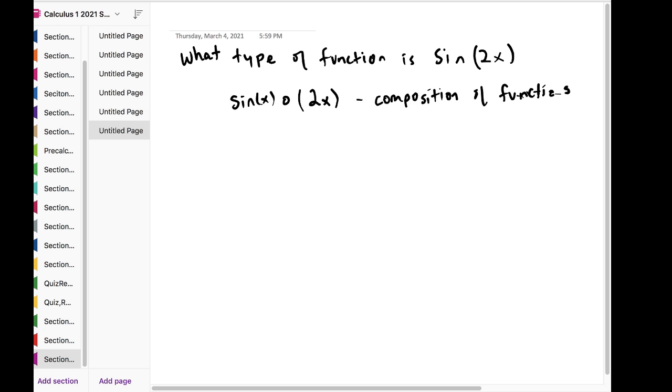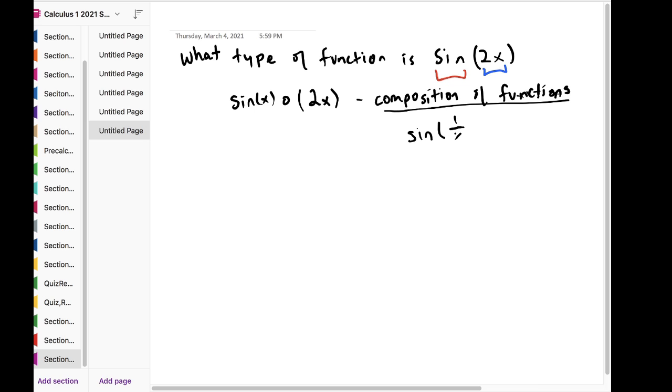Okay, so if the goal is that if we know how to take the derivative of a composition, then we don't have to deal with angle formulas, right? For dealing with sine of 2x, for example. If we can just deal with how to take the derivative of sine composed with 2x, then maybe it'd be a lot easier. So for example, this will help us with sine of 1 over x.